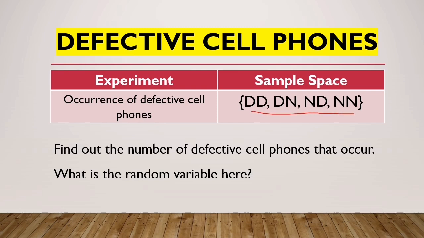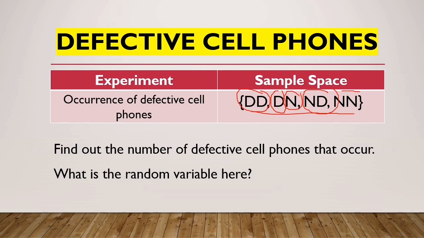So, in the first outcome, both are defective, meaning both are broken. The other one, the first cell phone is defective and the other one is non-defective, or okay. The third outcome, the first cell phone is non-defective, or okay, not broken, and the second cell phone is defective, or broken.